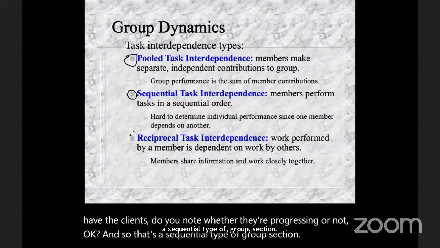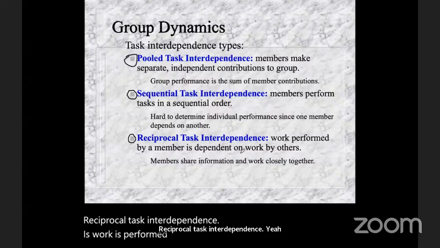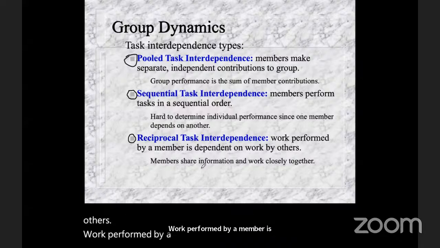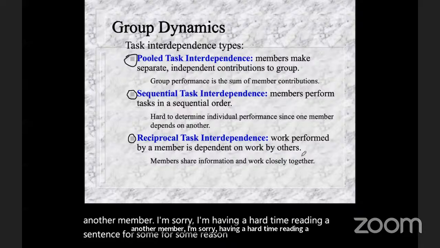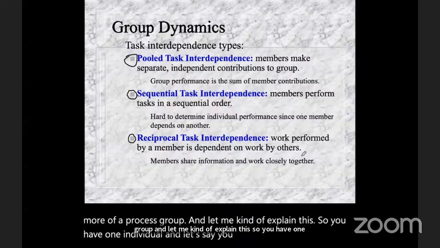Reciprocal task interdependence is where work is performed by members and is dependent on work by others. Work performed by a member is dependent upon work by another member. I'm sorry, I'm having a hard time reading this sentence for some reason. So this is a good example of more of a process group, and let me explain this. You have one individual do a check-in or a theme.